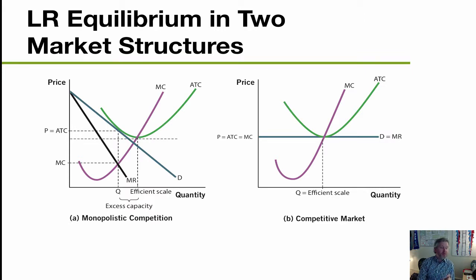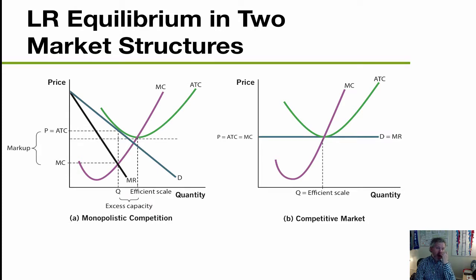I started this section talking about the markup. This is where the markup comes from. At the quantity that the firm's producing, what is the difference between the marginal cost and price? That's the markup that the firm gets to charge. So that's where the idea of markup comes from.